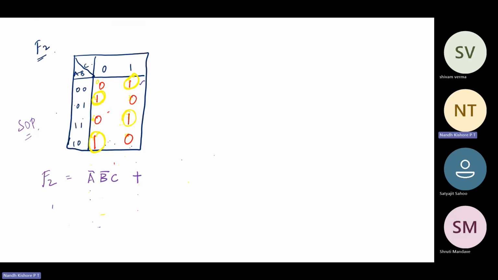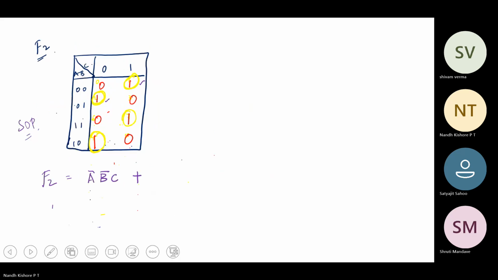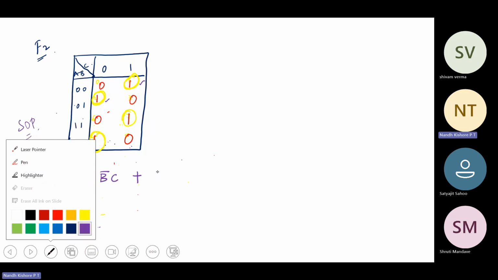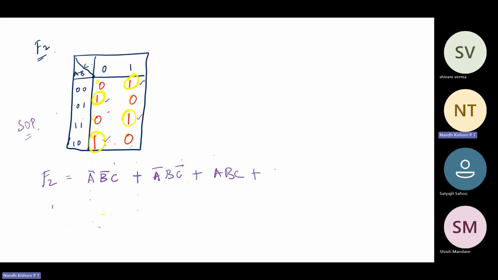Then next comes A bar B C bar, then A B C, and finally A B bar C bar. Is this fine? We have just written them separately.